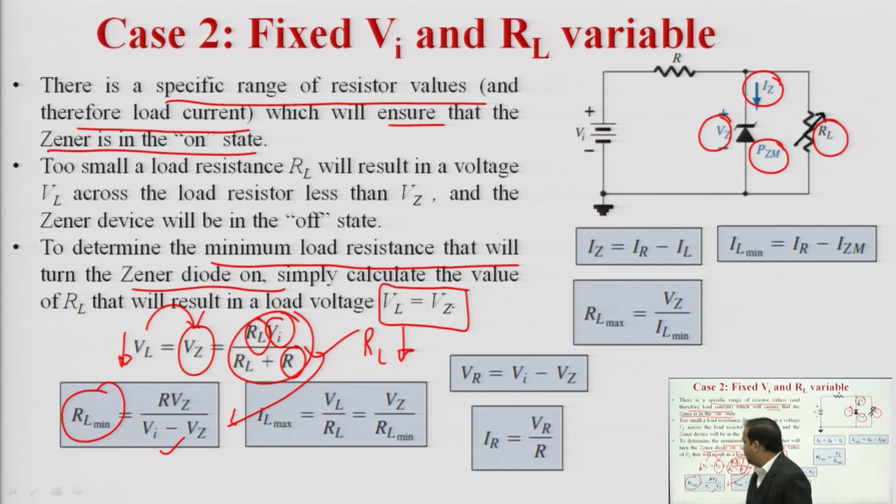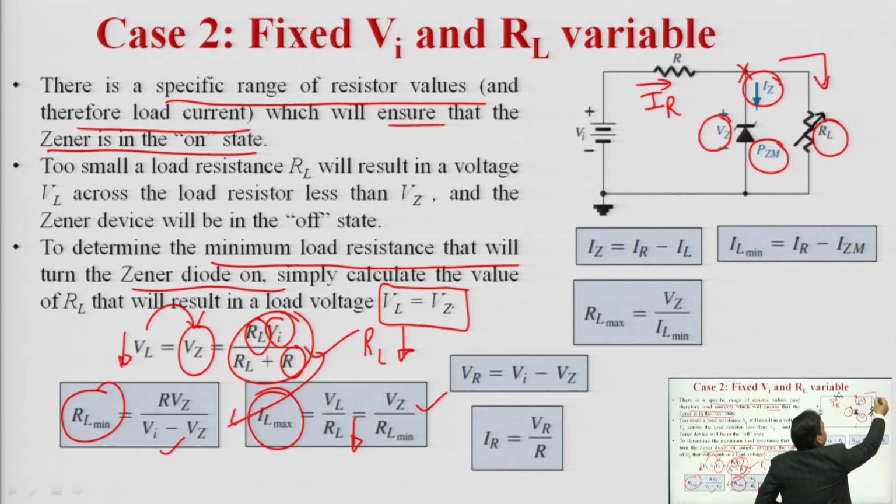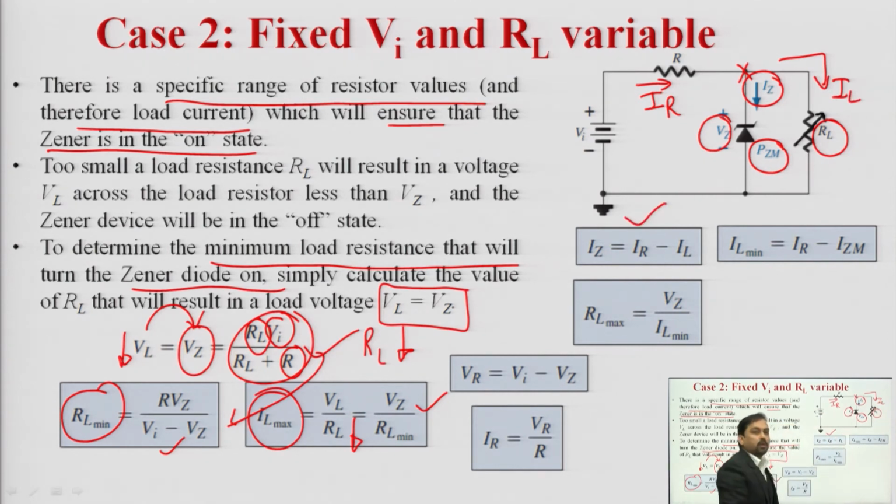If the resistance is minimum, then naturally the load current IL will be maximum. Also, if we apply KCL at this particular node, where this is IR, this is IZ and this is IL, we can write the equation IZ equals IR minus IL.